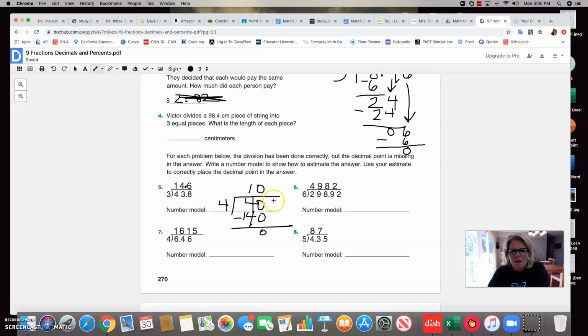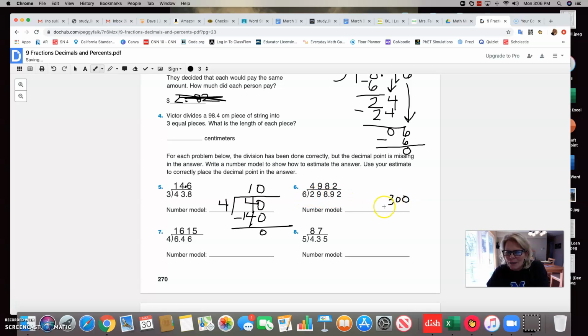Okay? Now this one's a little bit bigger, but again, thinking about how we would estimate it. So I know my answer has a 4982, but we need to decide where to put that decimal. So I'm going to round 298.922 to 300. It's almost 300.